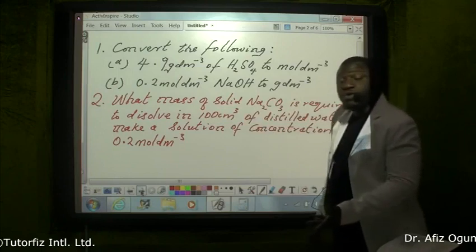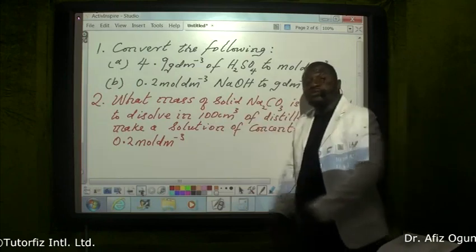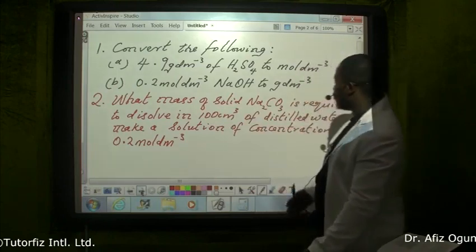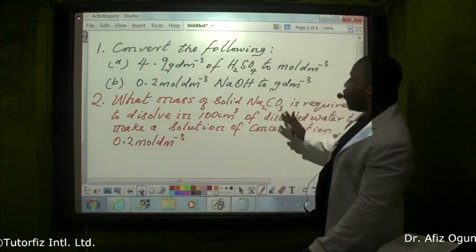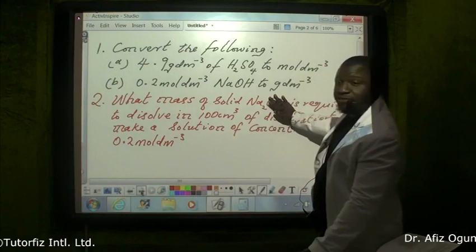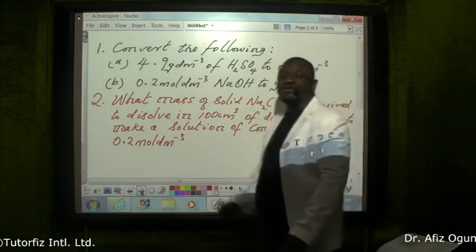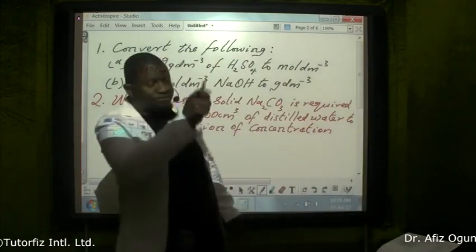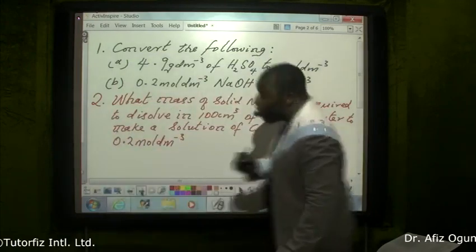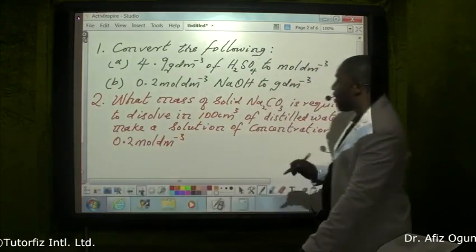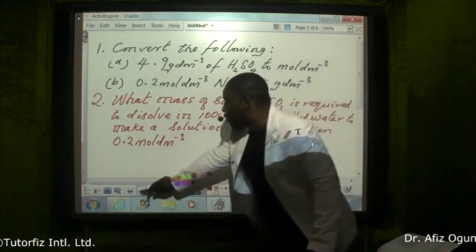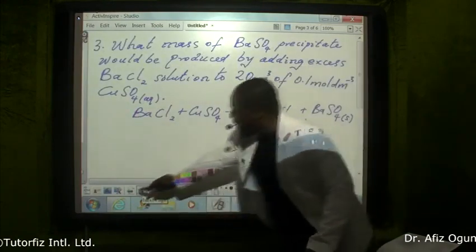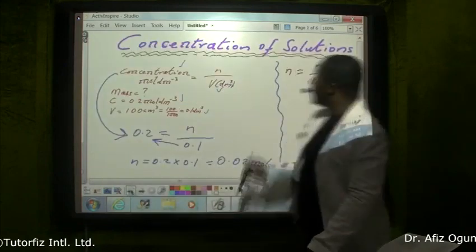So if you dissolve it in 100 cm cube of distilled water, the volume of the solution is still 100 cm cube. We already know how many moles of sodium carbonate we are looking for. Now, how can we get the mass of sodium carbonate we are looking for? Easy as A, B, C.